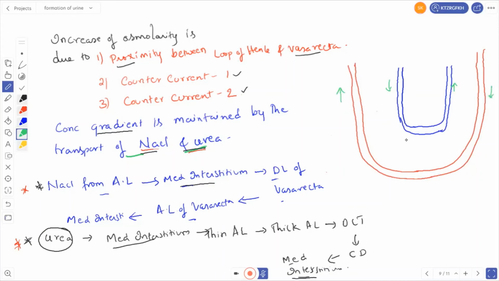So how is this concentration gradient maintained? The concentration gradient is maintained by NaCl and urea. If you remember, this entire part is the medullary interstitium. So just remember that.